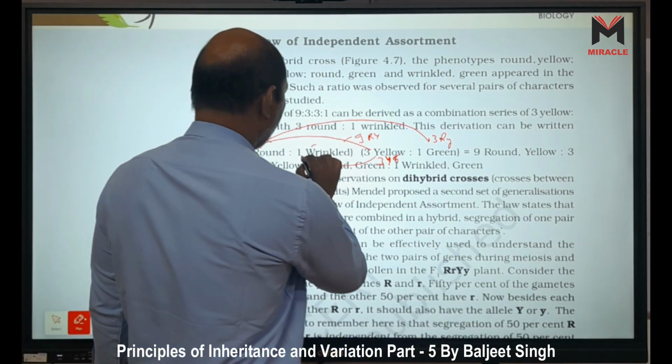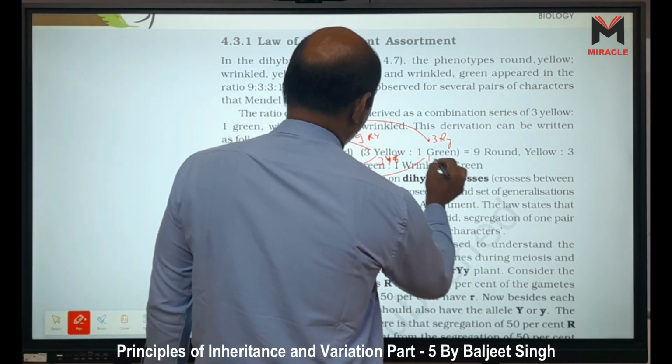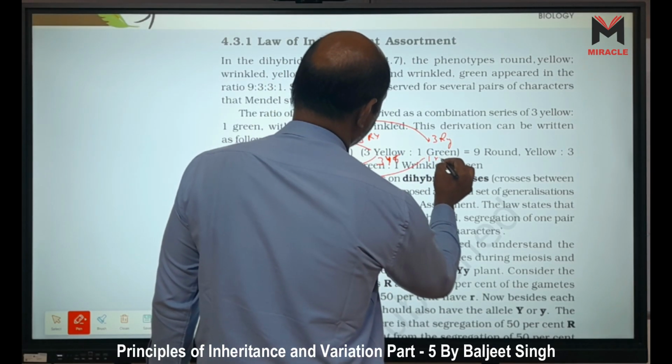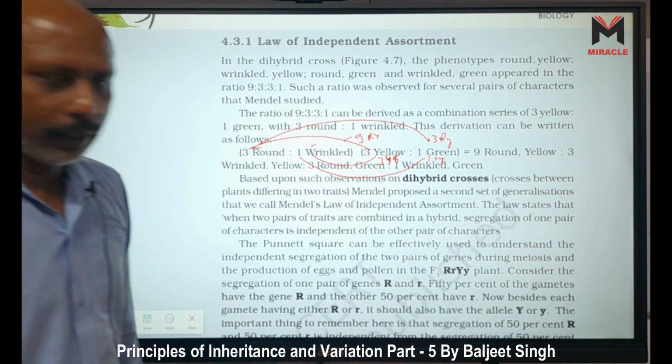And when we multiply this 1 into 1, then we get 1 wrinkled and green, small r small r. That is given. You understand how we get it, right?